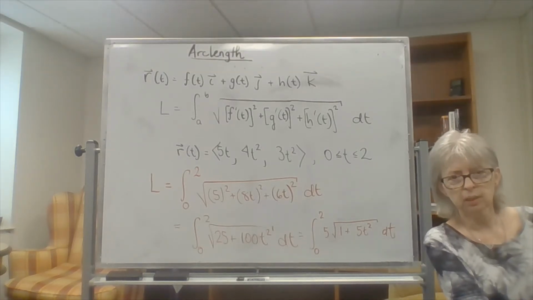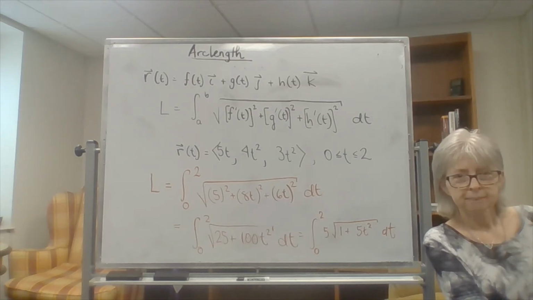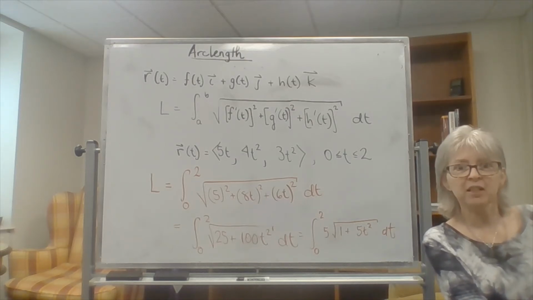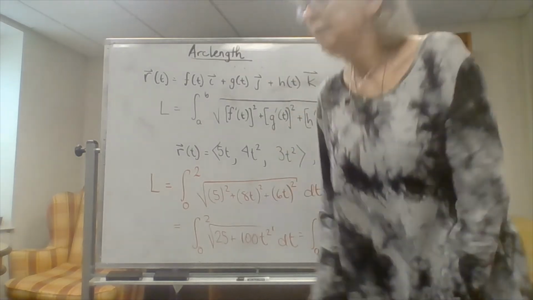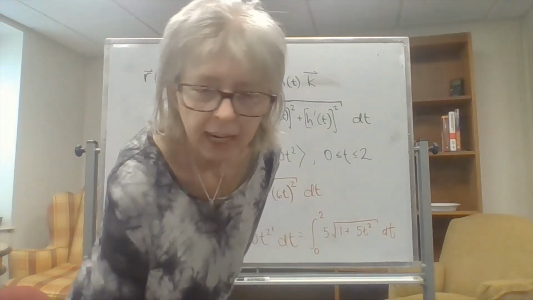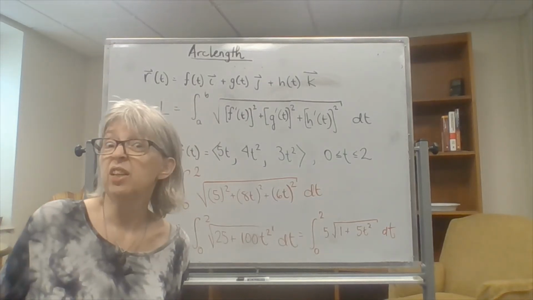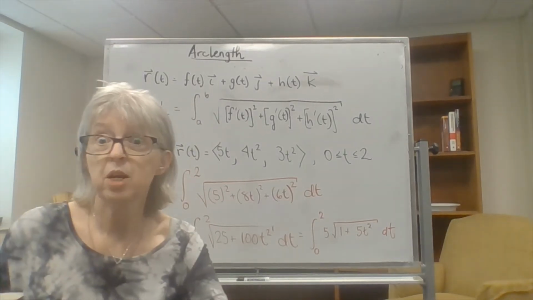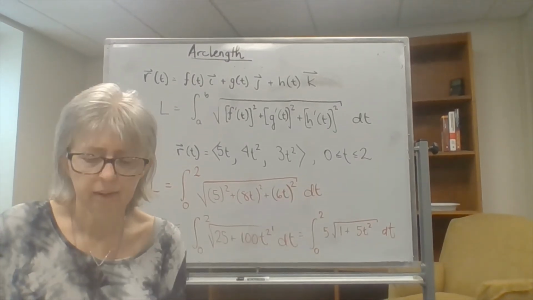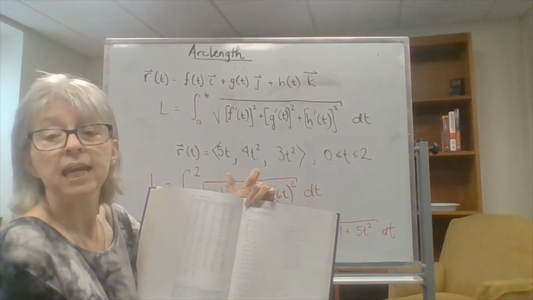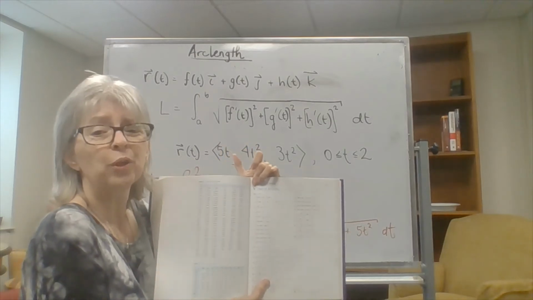I asked you, what's the length of the curve? Have you ever looked in the back of your book? I know there's tools out there on the internet, and I know some of you have really great calculators, way better than the calculator I've got. Way back in the back, there is a table 4. I know it's blurry.